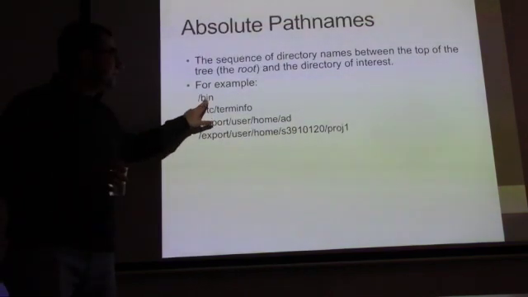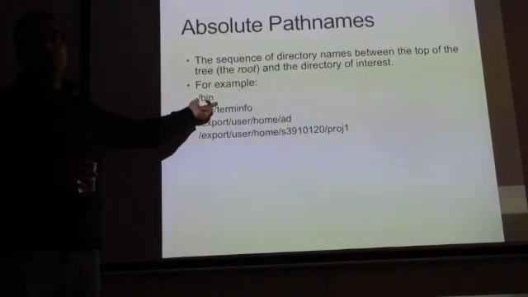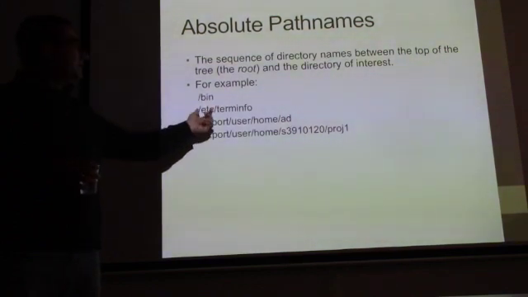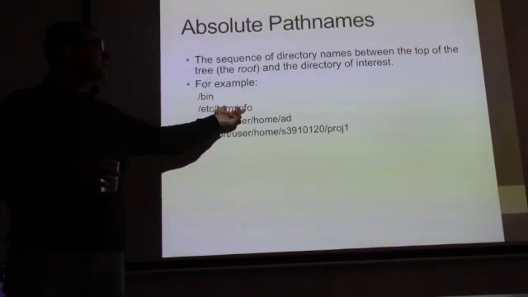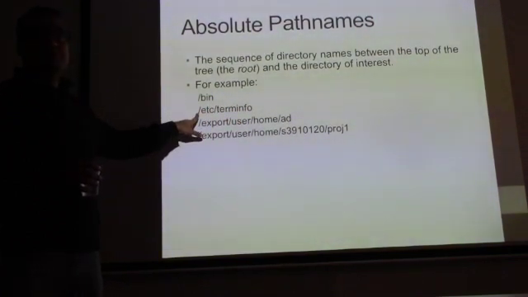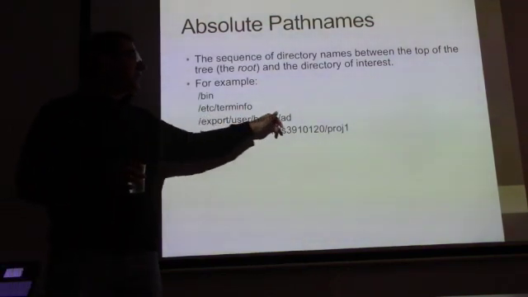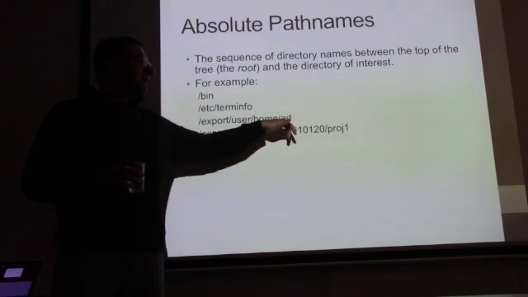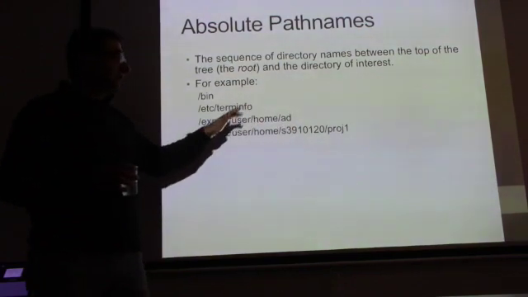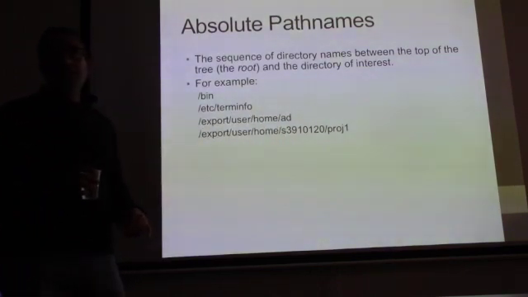For example, this is a path. /bin is the path to the bin directory from the root. /etc/terminfo is the path to the terminfo file or directory from the root. As you keep adding, if I was to ask you what is the path for the add directory, that would be /export/user/home/add.